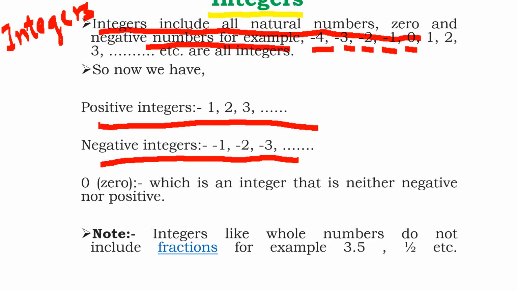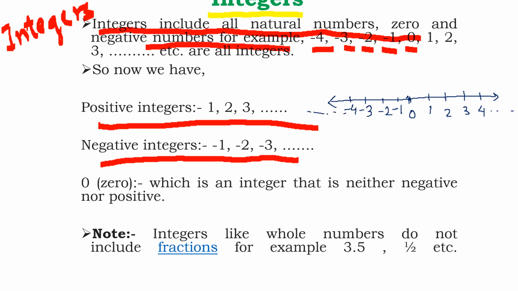How to represent them on the number line? You already know that a number line is extended on both sides, isn't it? If I say this is my 0, 1, 2, 3, 4 and so on, then on the opposite side of 0, or the left hand side of 0, we have -1, -2, -3, -4 and so on.